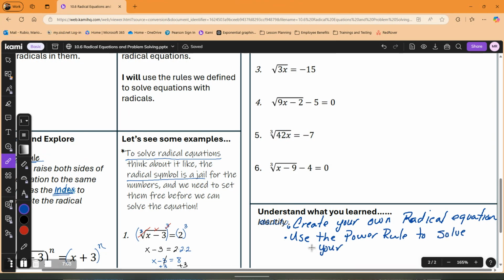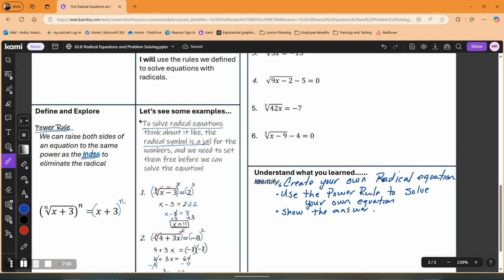So you need to basically make up a problem. Show all your work. Show the answer to your problem. Okay, so make up your own problem with a radical equation that you have to use the power rule. It can look like something like this, or it can look like something like this, but you have to make up your own and show me the solution.